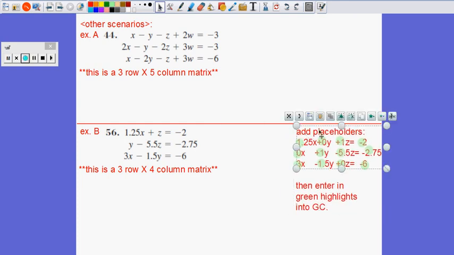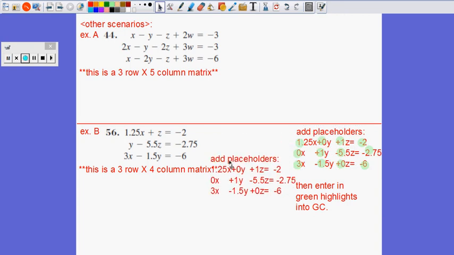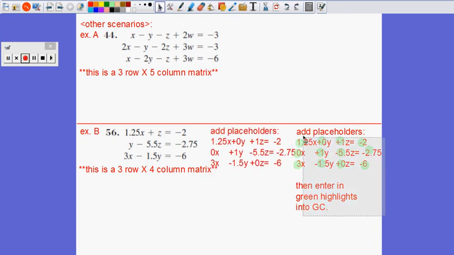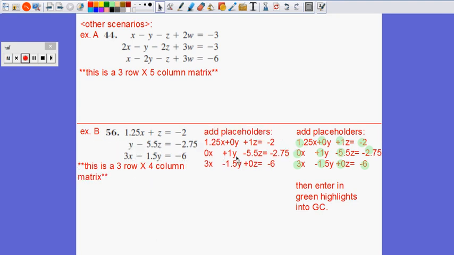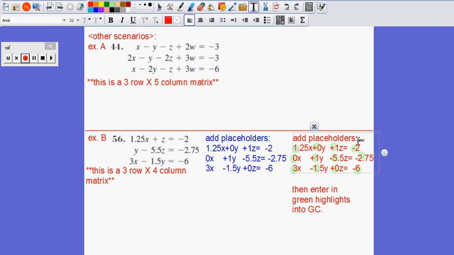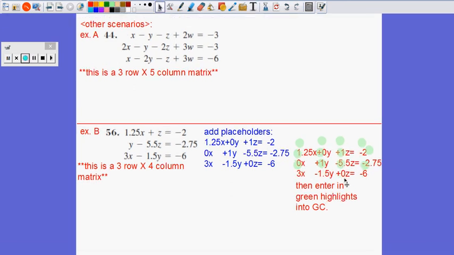I'll copy and paste this guy. I'll put it right over, running out of room a little bit here. I'll squeeze that, perfect. So let's look at the blue right here. This one is missing a placeholder of 0y in the middle here.